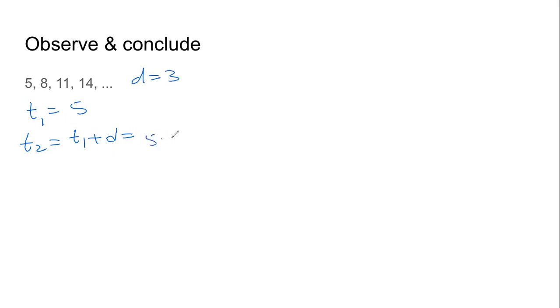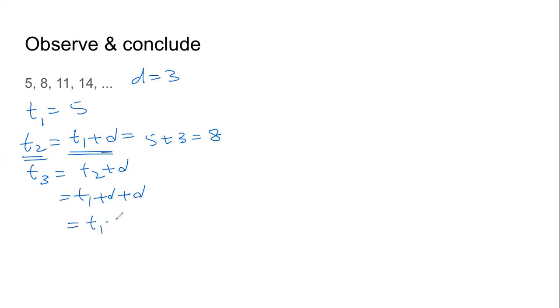So 5 plus 3 equals 8. T3 is T2 plus D. What is T2? T2 is T1 plus D, and then we are adding another D, which is T1 plus 2D.